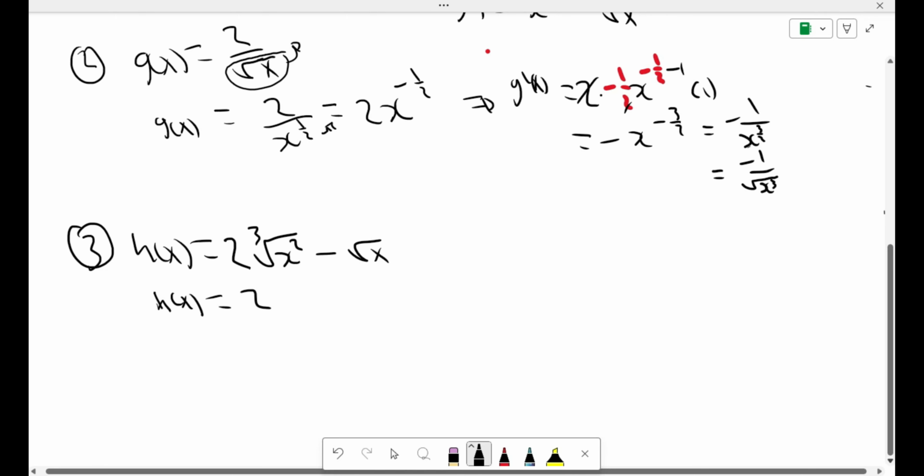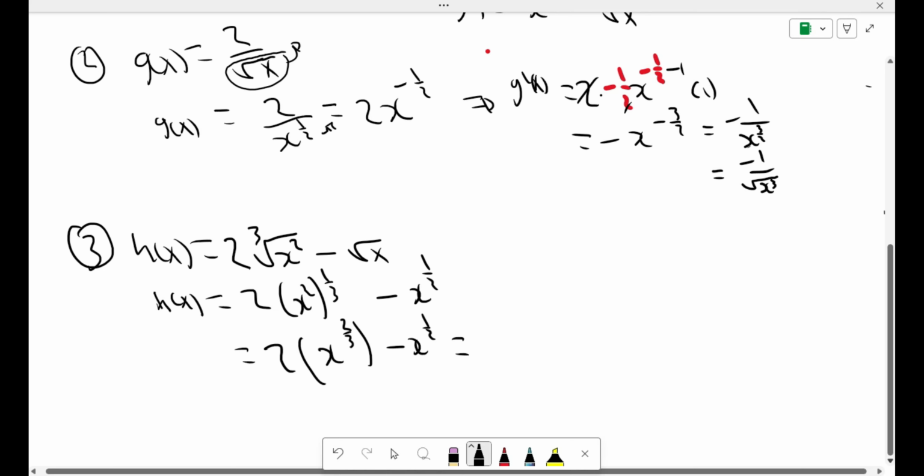Then we'll have 2 times x squared to the 1/3 power minus x to the 1/2 power. Then we simplify fully. So we'll have 2x to the 2/3 minus x to the 1/2.